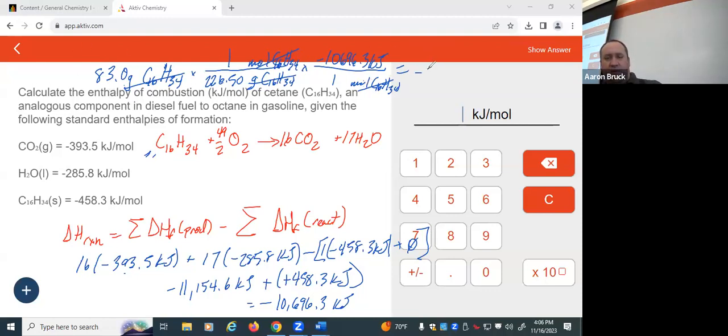I would get negative 3,920 kilojoules, which is still a significant amount of energy, which goes to tell you how energetic that combustion reaction really is. This is basically the equivalent analog of the component of diesel fuel that burns.